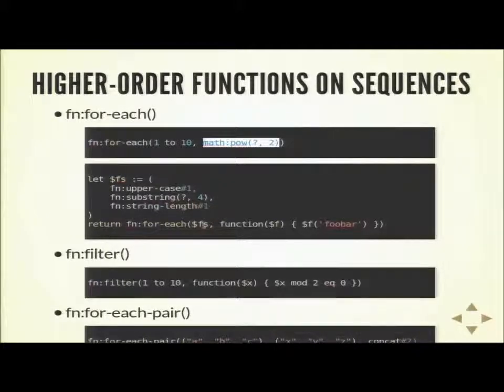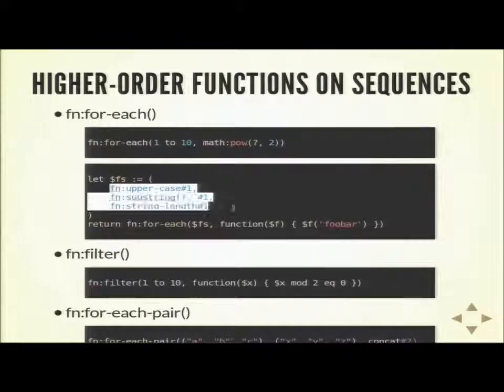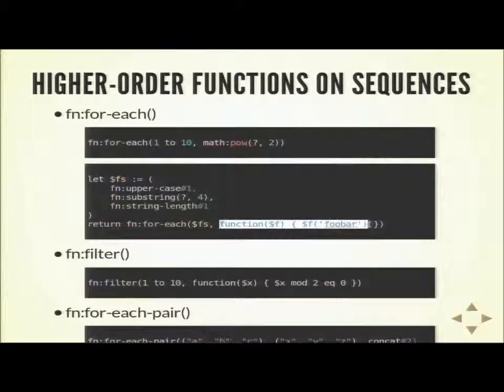You can pass it a set of function items as the first parameter, and then you can specify the function in your second parameter so that it's called for each of those function items. So what this is going to do is it's going to pass the foobar as a parameter to each of these functions. Okay.